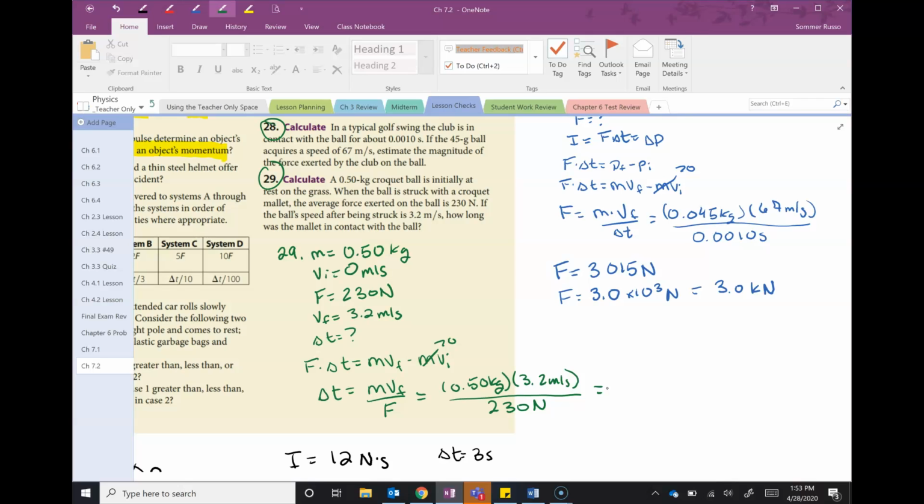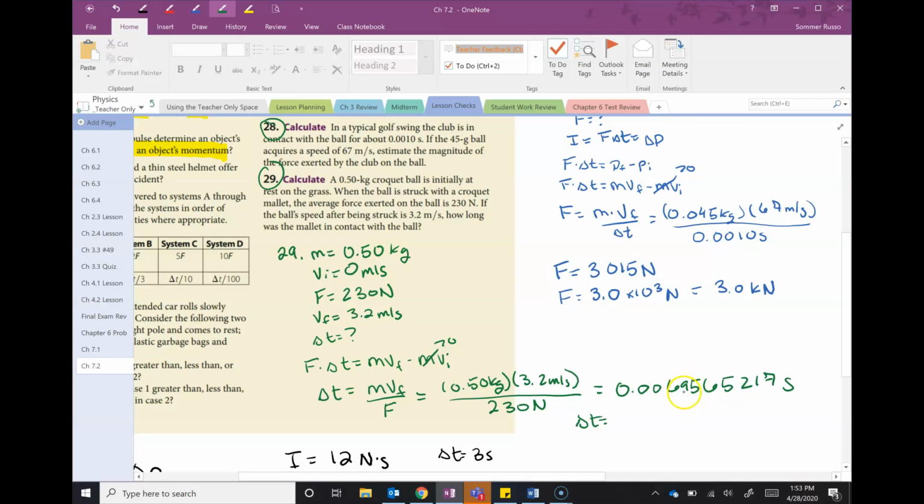Everything's in good units. We'll plug and chug at this point. All right, we get a total time of 0.0069565217. All right, that's obviously a little long. We do get 2 sig figs here. So for delta T, we look here, the first non-zero digit is 6. We're going to keep the digit after that, but we need to look at the digit after that. 5 is larger, so it's going to cause us to round up.